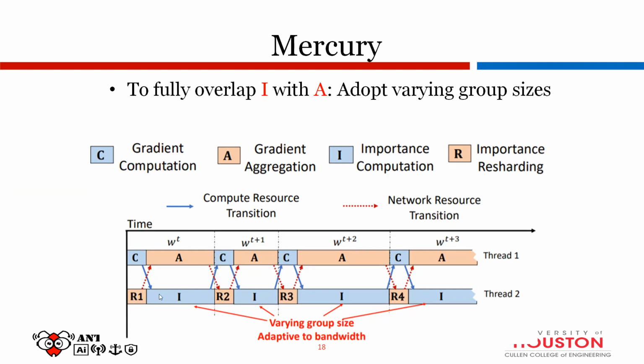Every time they do this importance computation, they do it based on the time this gradient aggregation takes. Because in a true environment, the bandwidth or the transmission is going to change rapidly, right? So they need to adapt to the time gradient aggregation takes.